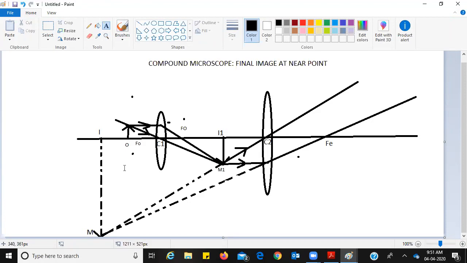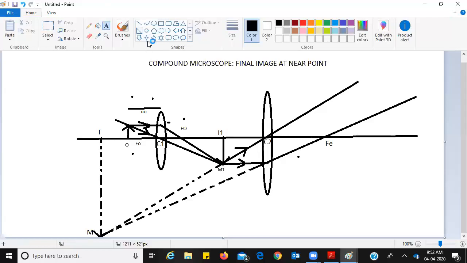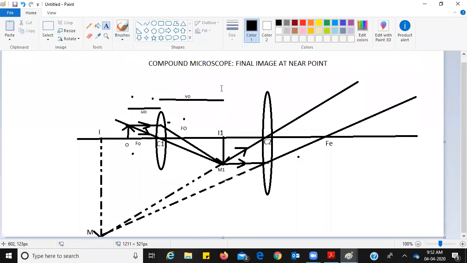Then what is this distance? UO. And what is this distance? VO. And what about this distance?